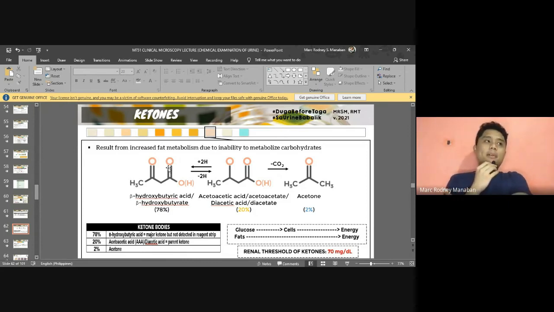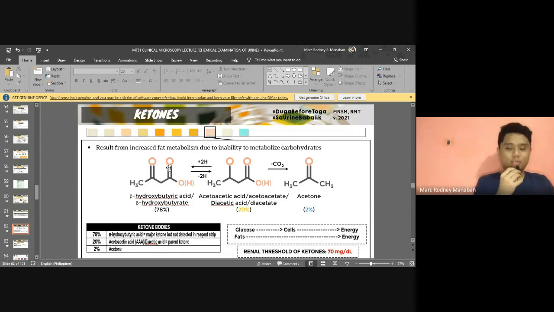But in cases of intense lack of carbohydrate source, this acetyl-CoA will accumulate. If it cannot enter the Krebs cycle, it is useless in a way. So the liver will try to break down this acetyl-CoA, and its byproducts are the ketones, or the ketone bodies.